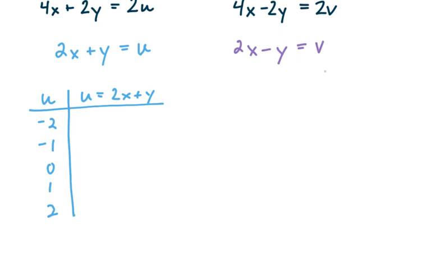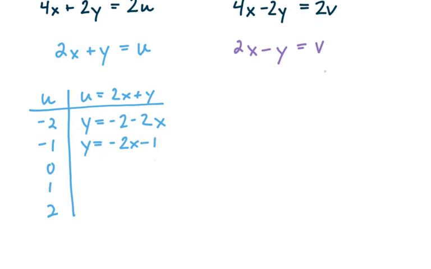So if I plug in -2 here, I have -2 equals 2x plus y, or rather y equals -2 minus 2x, which I've now written there. And we could plug in -1. -1 equals 2x plus y. That's going to give me, if I erase that, y equals -2x minus 1.